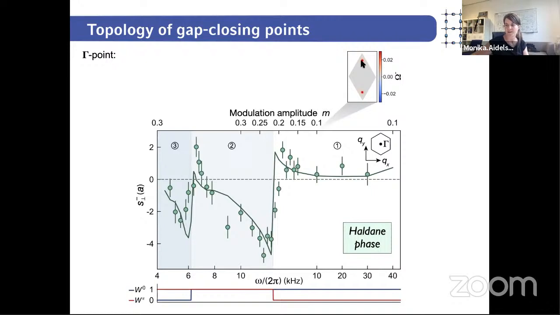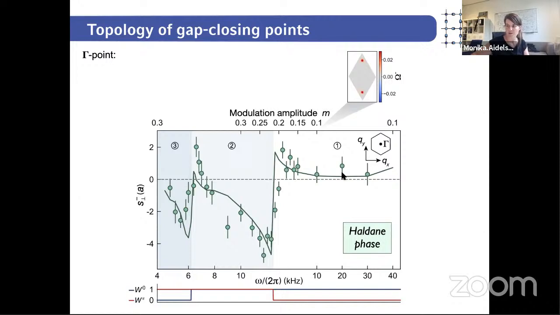And remember, the gap closing point was identified to happen at the gamma point. So here you see a measurement of this anomalous Hall deflection when we move the cloud through the gamma point. Since there's basically no Berry curvature, the deflection is essentially zero. The cloud almost does not move transverse to the force that we apply.